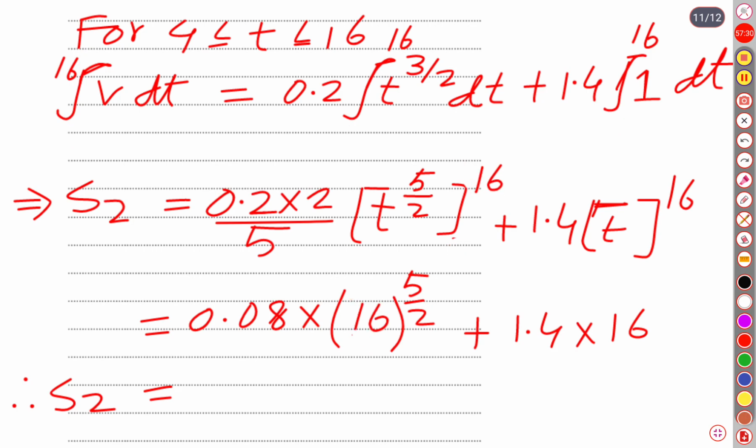We have been making a great mistake. It is not 0 until 16. We are calculating for the second phase, so it is 4 until 16.